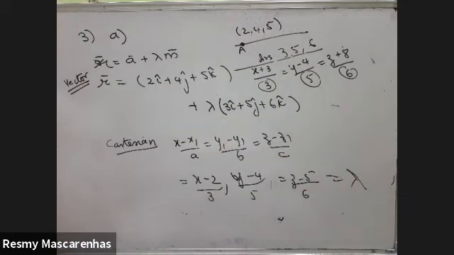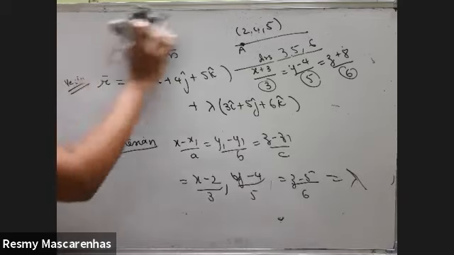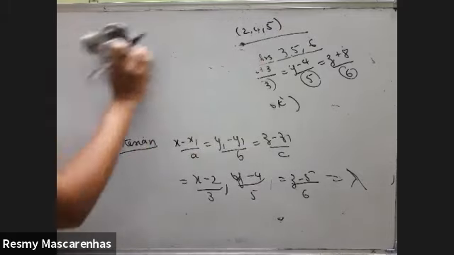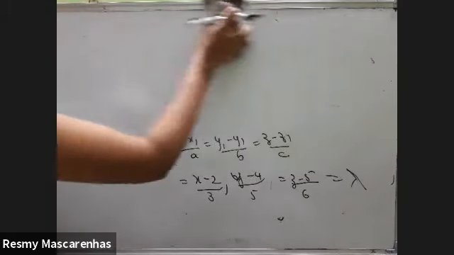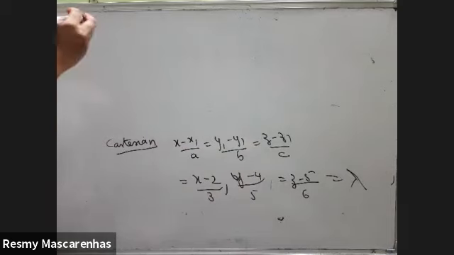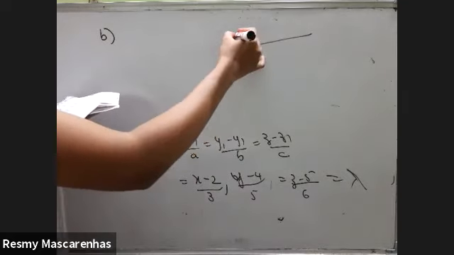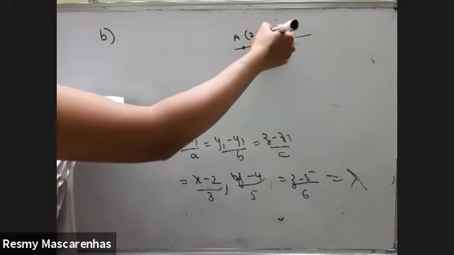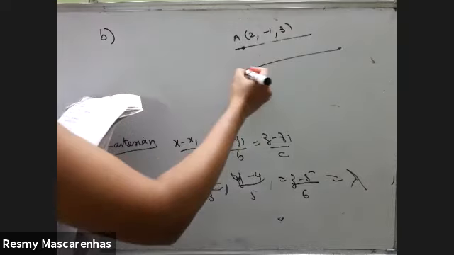Now the second one is also the same as this one. Only thing is the direction ratios, I'll tell you how to find in that case. Now B part, the point given is, and it is parallel to this line.